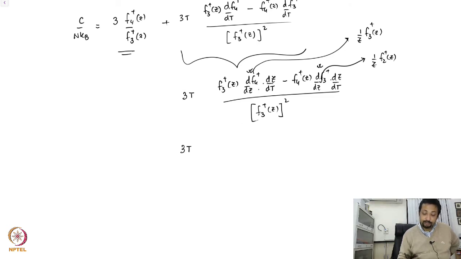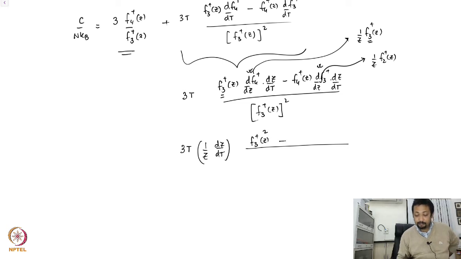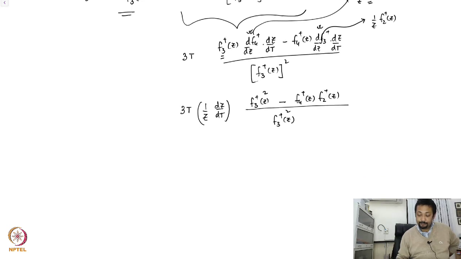Therefore, I have 1 over z dz dt that comes outside as a common factor, and then I have f3 multiplying f3 giving me f3 plus z whole square minus f4 plus of z f2 plus of z divided by f3 plus of z whole square.